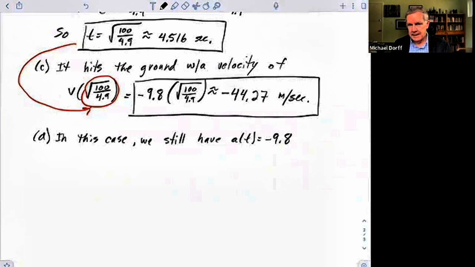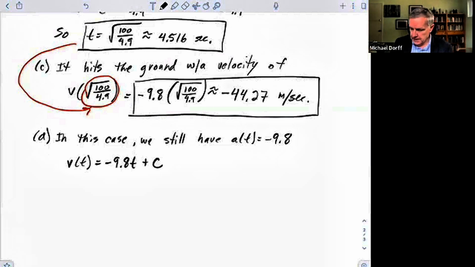When I take the antiderivative of that, I get v of t, which would be negative 9.8 t plus c. But now the initial velocity is not 0.